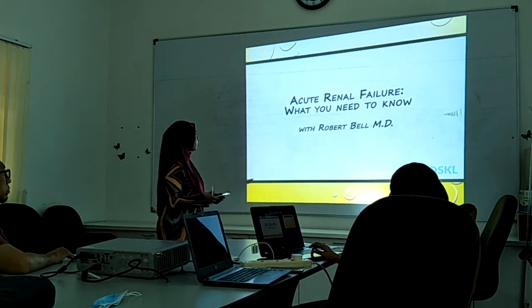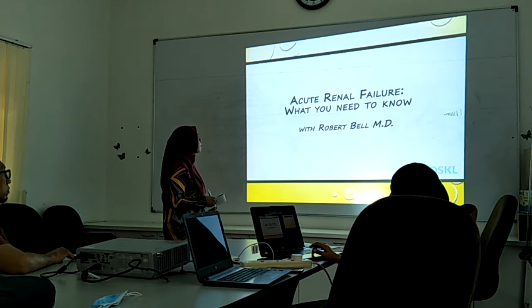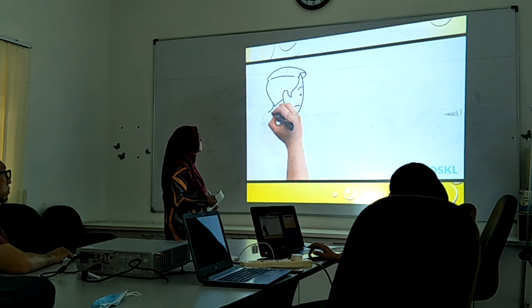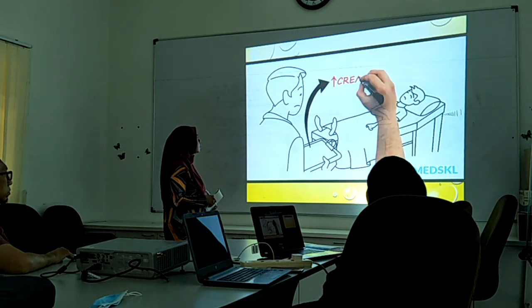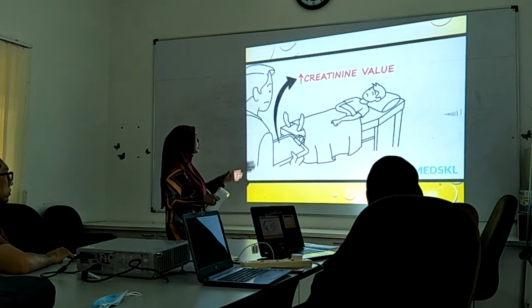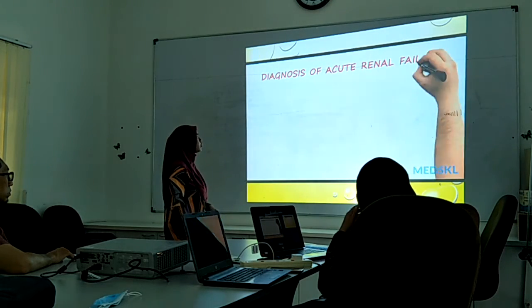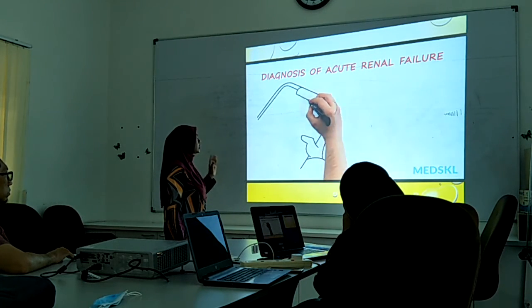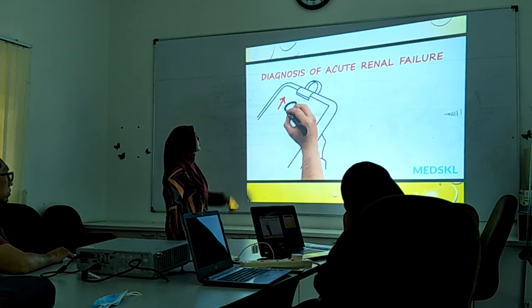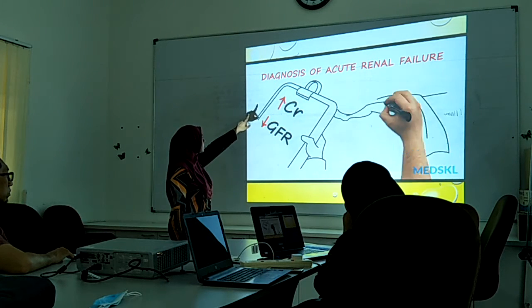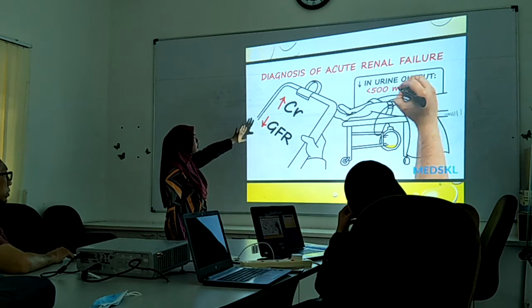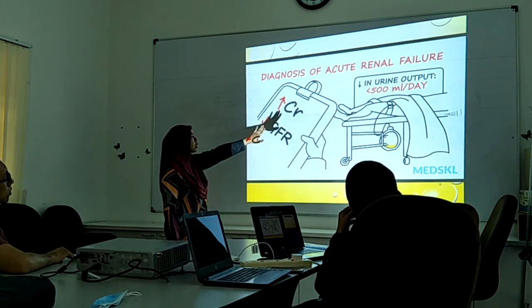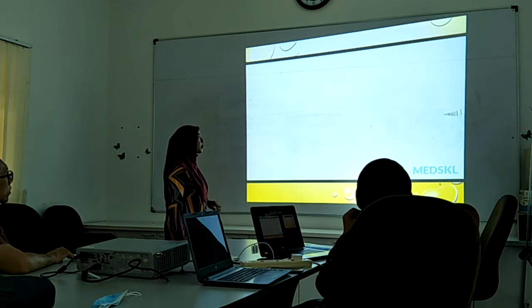Okay, what you need to know. What do you do when the serum creatinine value from a patient you see in the ER is elevated? A patient who suddenly has an increased creatinine value has signs and symptoms of acute renal failure: increased creatinine, decreased GFR, and urine output decreased to below 500 ml per day.